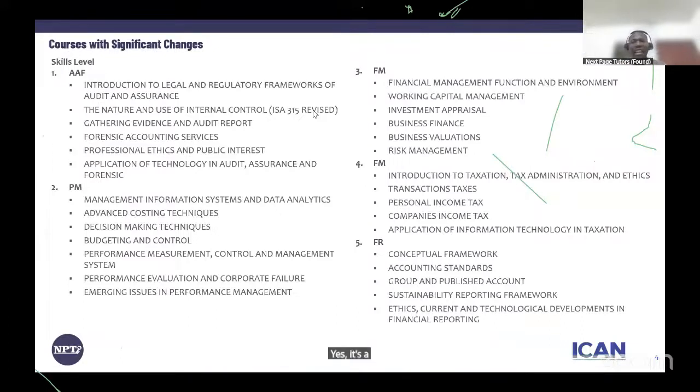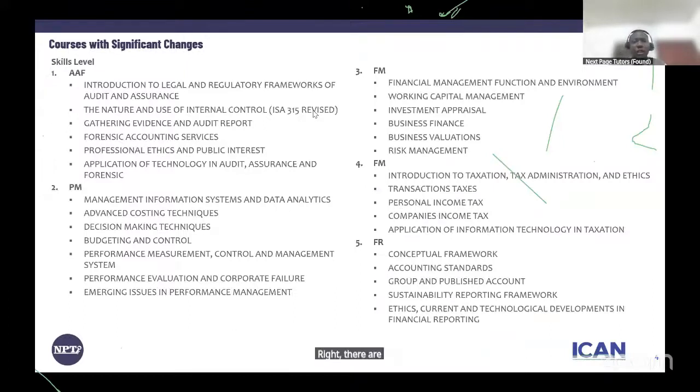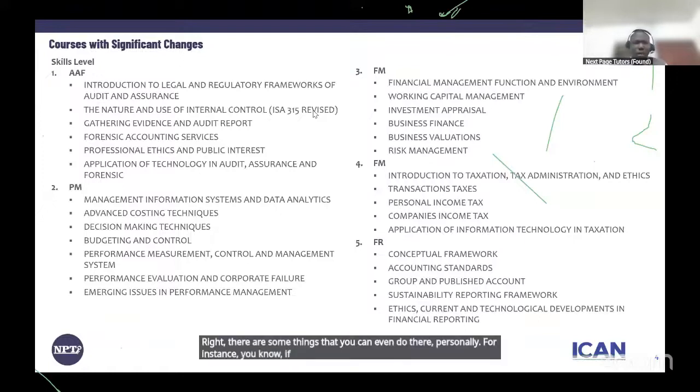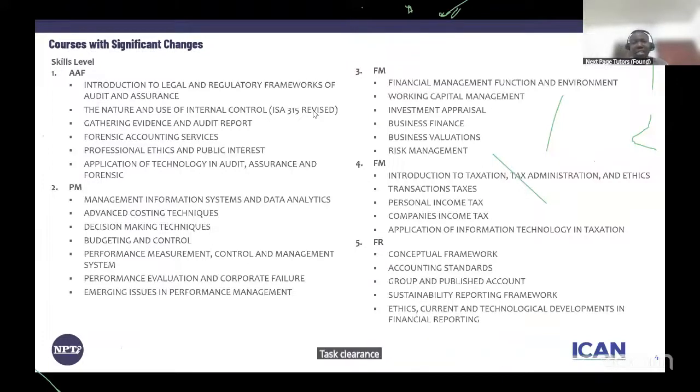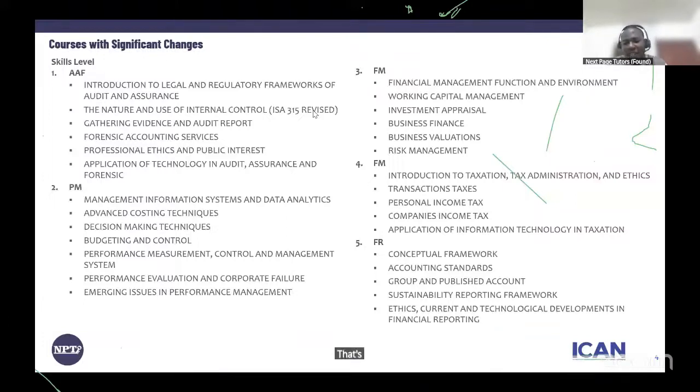It's a website of FIRS. You don't even know how to navigate it. It does not necessarily mean that you should be able to file, but there are some things that you can even do there personally. For instance, if you want to collect your tax clearance certificate, you can easily go there. So all these are discussed under that particular last section.